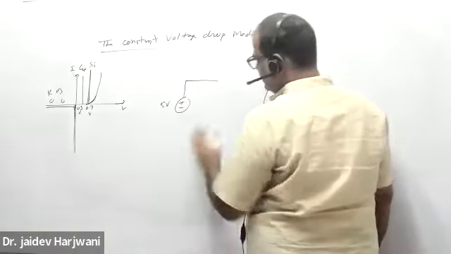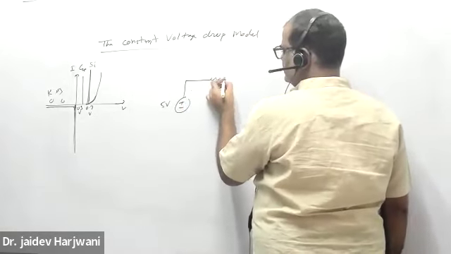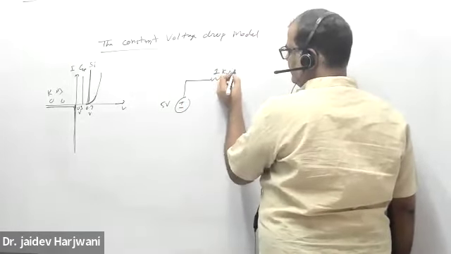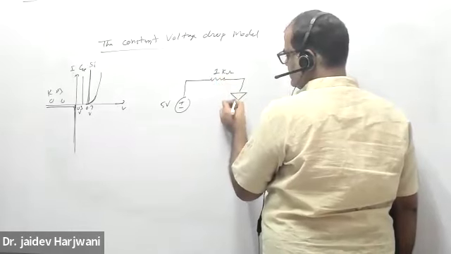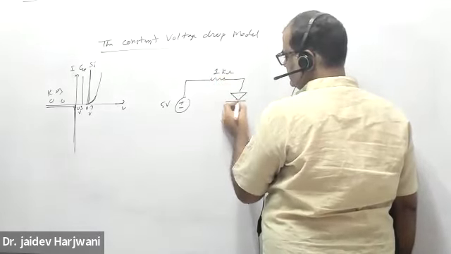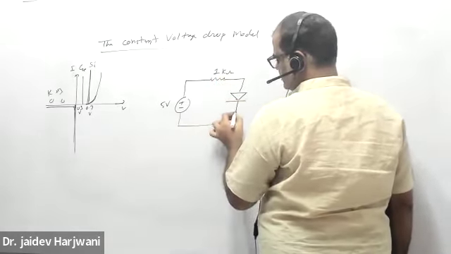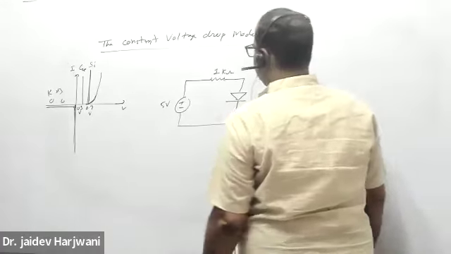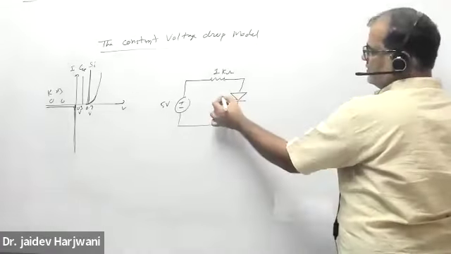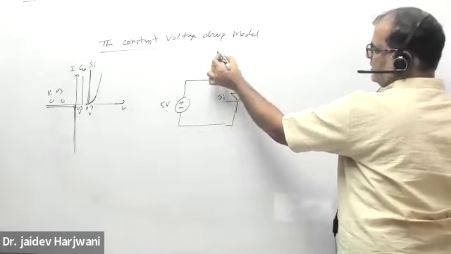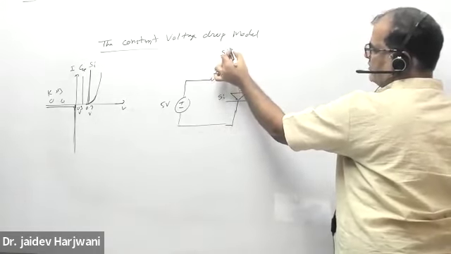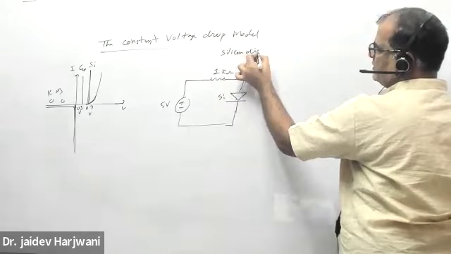Here I have a resistance of 1 kilo ohm. And this is the silicon diode.